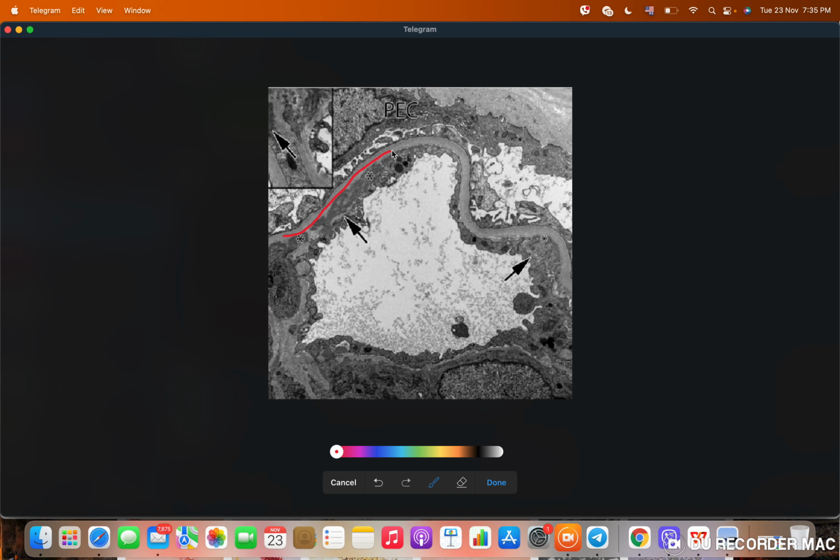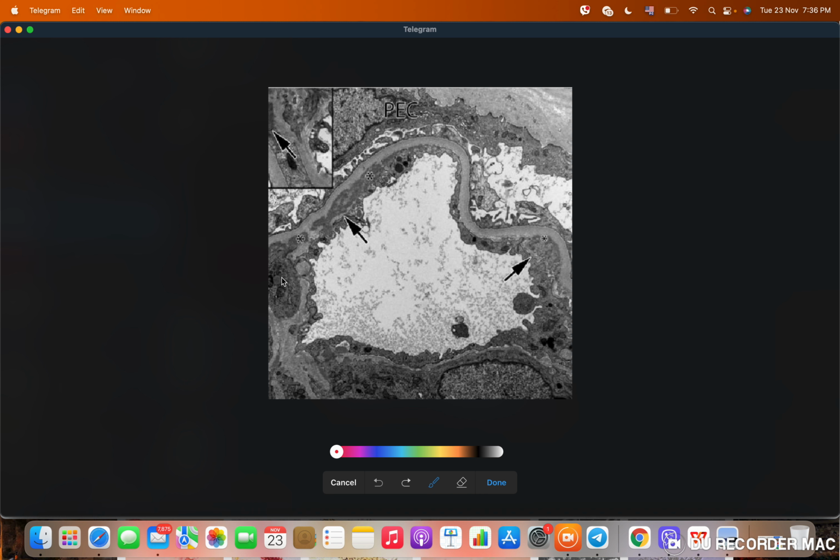See this line here? This is the basement membrane. How do I know that? Well, it's homogeneous. It looks similar to each other because it's made from which type of collagen, this basement membrane, guys? Can somebody tell me? Yes, it's type 4 collagen. Okay, so you have successfully detected what? The basement membrane. Excellent job.